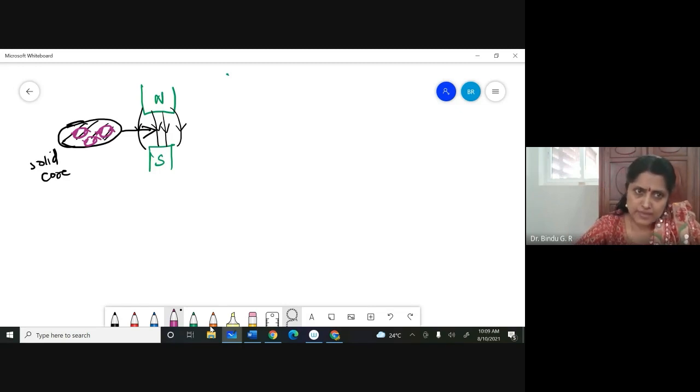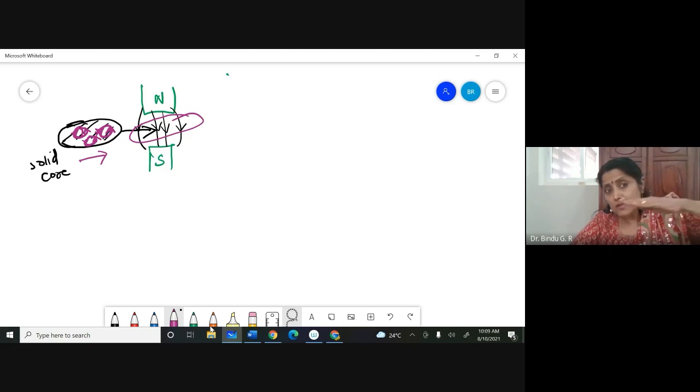So what happens is that some small current loops will be formed within the core, and these currents will flow in such a direction as to produce their own magnetic flux, which will oppose this change in magnetic flux. Whenever it goes in, what is the very cause producing this induced EMF?